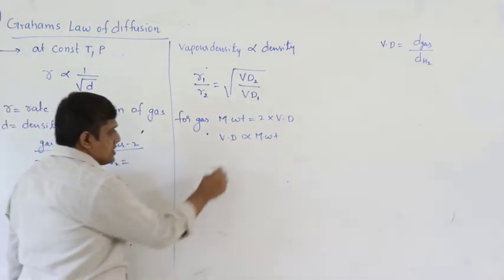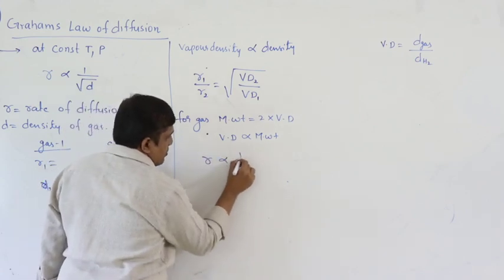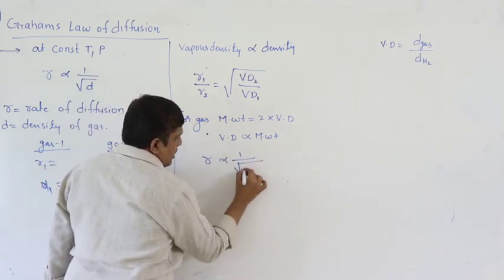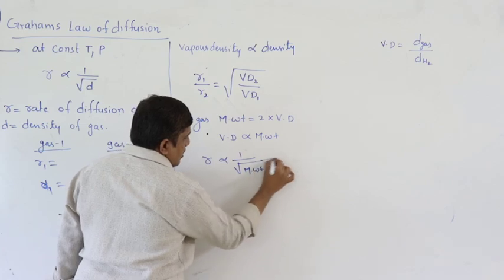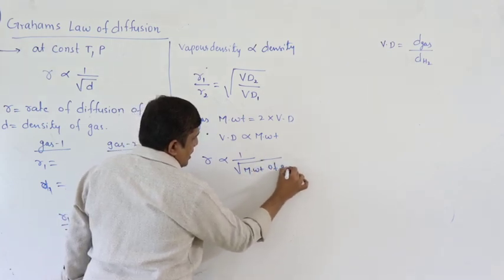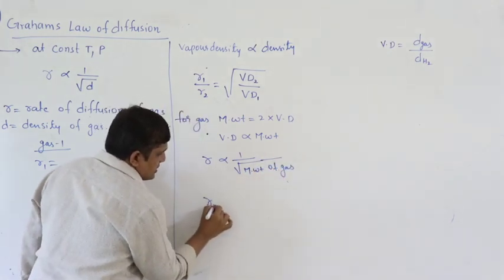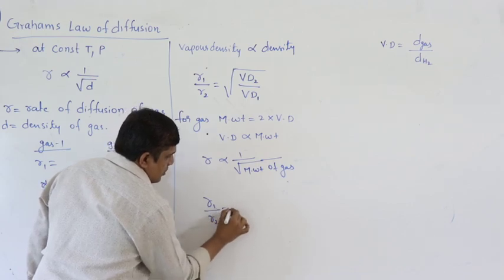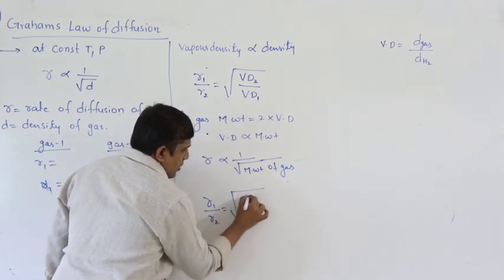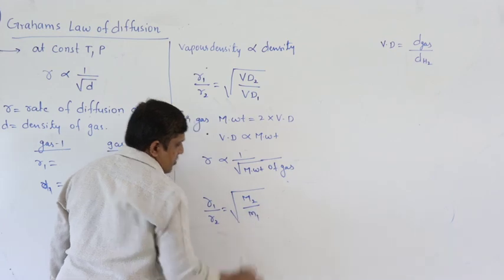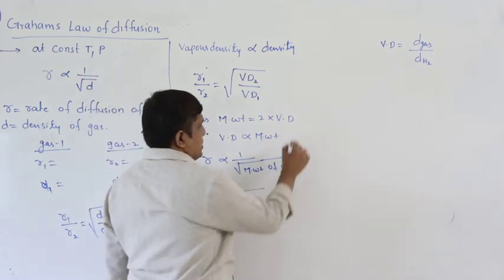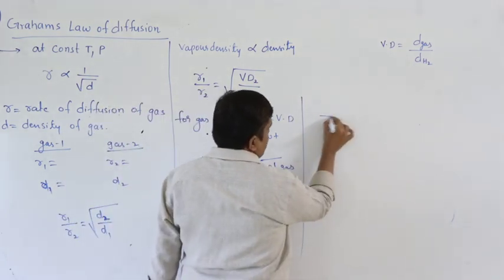So we use the same relation here: R is inversely proportional to square root of molecular weight of the gas. So for two gases, R1 by R2 equal to square root of M2 by M1. What is the meaning of that? Suppose I have two cylinders.